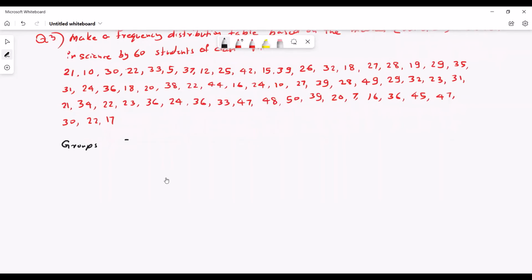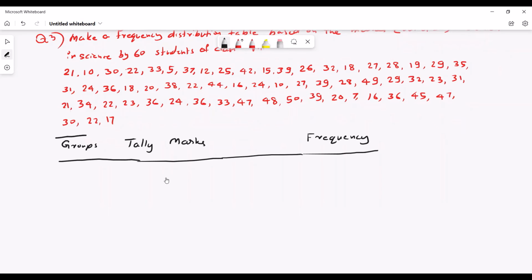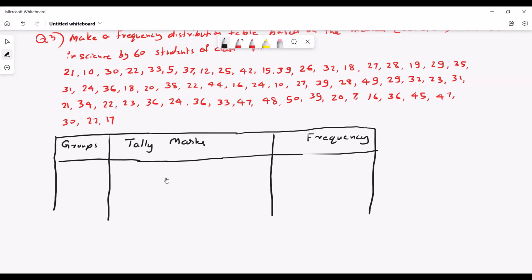Then the next column we can consider as tally marks, and the last column we can put for frequency. First group we can consider as 0 to 10.